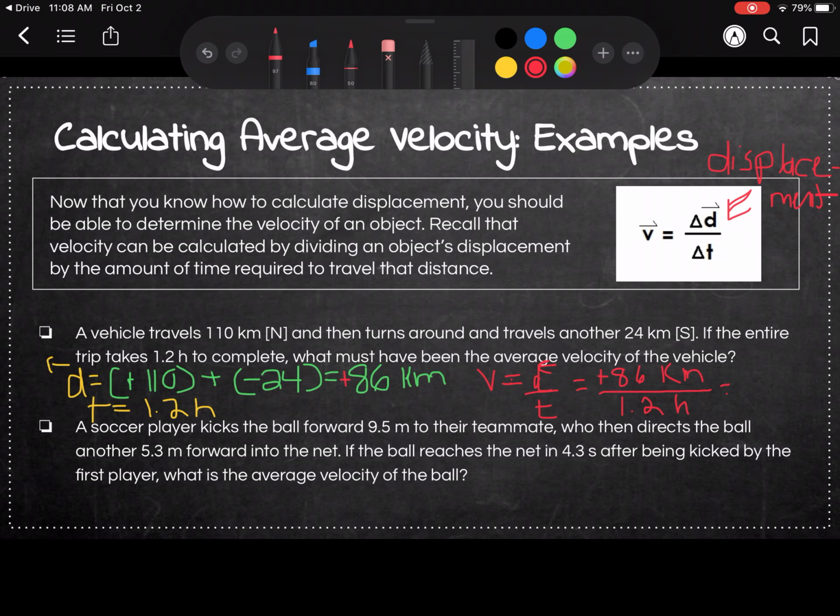So if we take 86 and divide it by 1.2, we will get 71.666 repeating. And that is a velocity, so that is in kilometers an hour. And we need to have the direction, and the direction is positive.